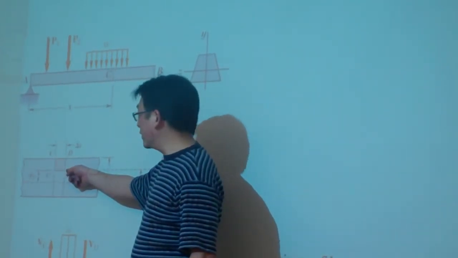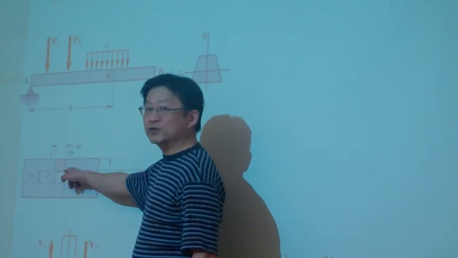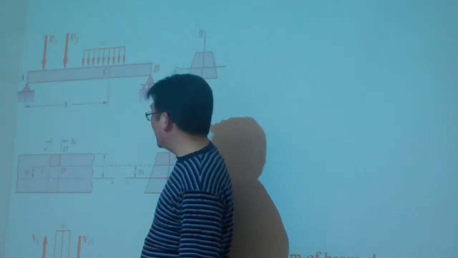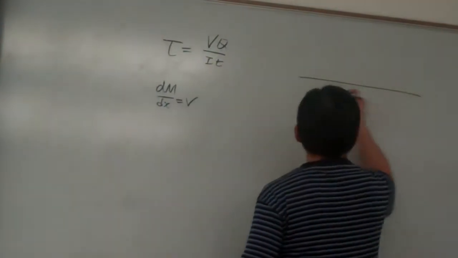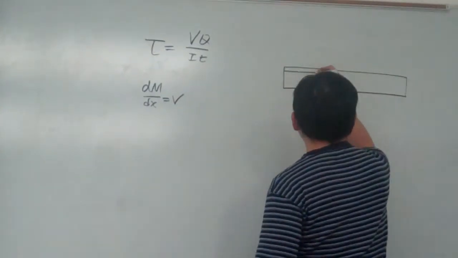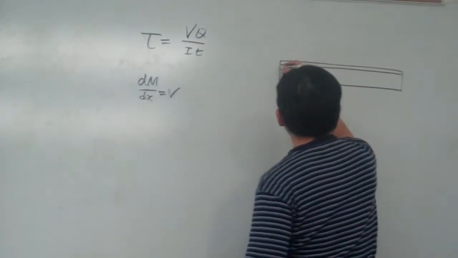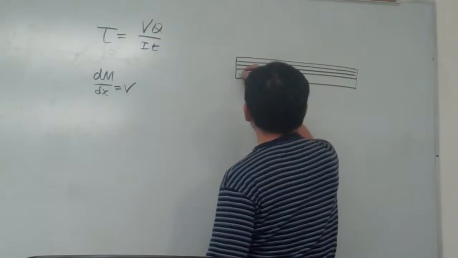Due to equilibrium, the shear stress will exist here as well. So if we consider a wood laminate, if this is a beam made of laminated structure, a stack of woods like this.